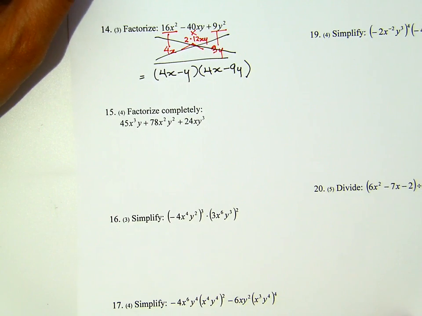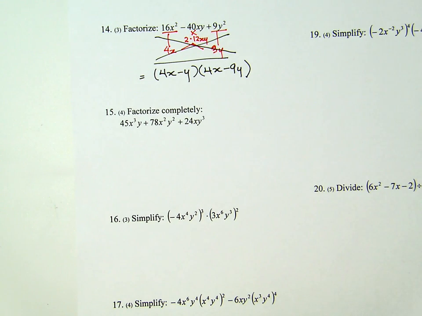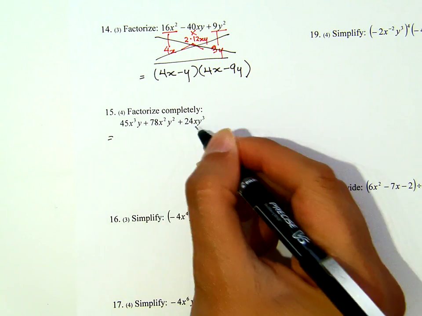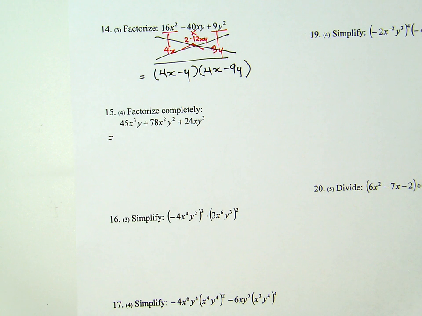Number 15, factor completely. This seems to be very nasty, but for that reason, then we may suspect that we have a common factor. For example, the 45, 78, and 24, all of them are multiple of 3, right? Okay, how do I know that they are multiple of 3?